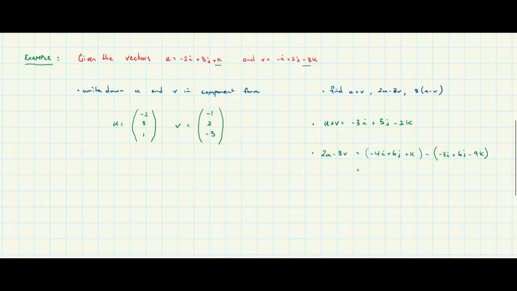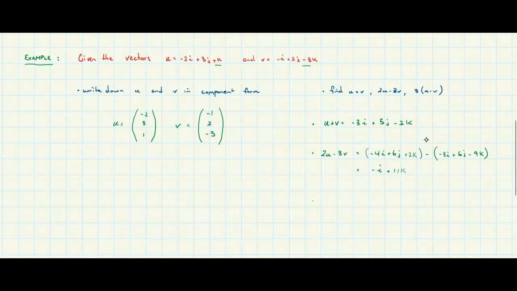So putting together, -4i plus i, that'll be -i. 6j minus 6j, so the j's are gone, and we've just got k minus -9k, which is plus 10k. You probably picked up my error here, didn't you? 2u is, I've just left that at k, so that should be a plus 2k. So 2k minus -9k is plus 11k. Okay, so -i plus 11k.